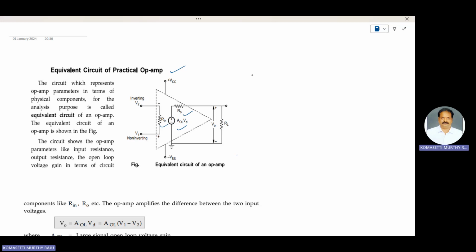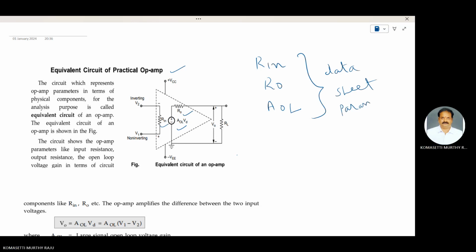The equivalent circuit of an op-amp includes input resistance Rin, output resistance R0, and the open loop gain of the op-amp, AOL. These are the data sheet parameters included in the equivalent circuit of a practical op-amp.